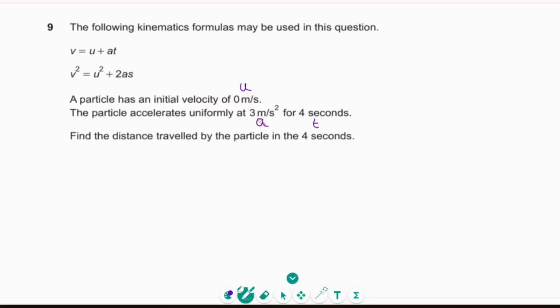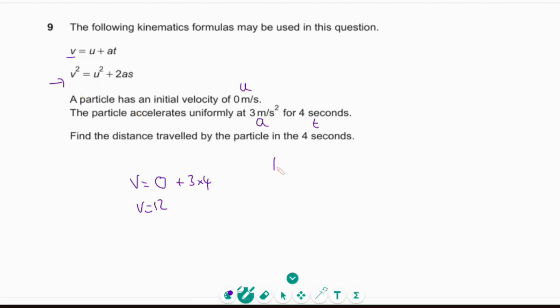So we've got u, a, and t, so we can actually work out v, the velocity. v equals u, which is 0, plus at. So v equals 12. Now we can substitute these values into this formula.